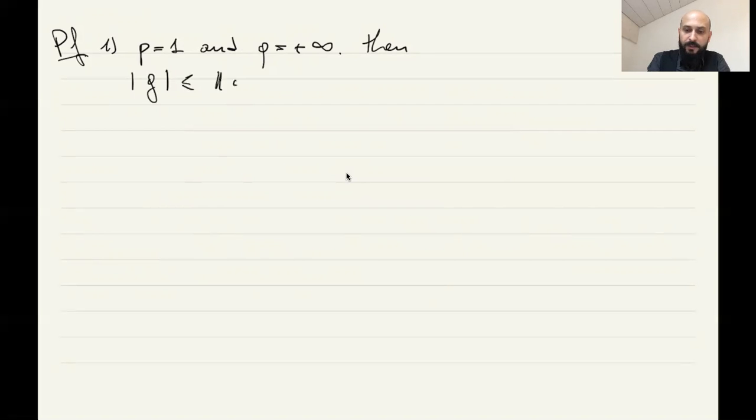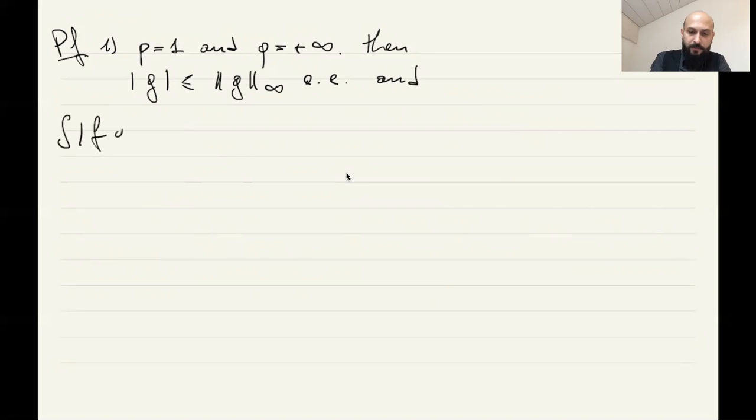So, proof. First, let's do the case p equal 1 and q equal plus infinity. This is quite an easy case. Then the absolute value of g is bounded by the essential sup, almost everywhere, and one can bound there.